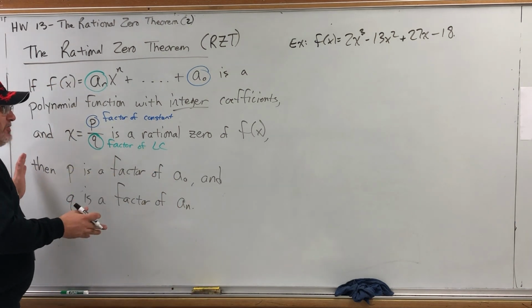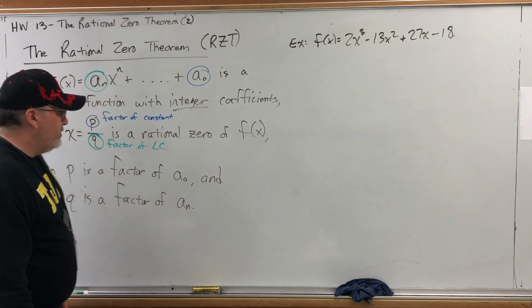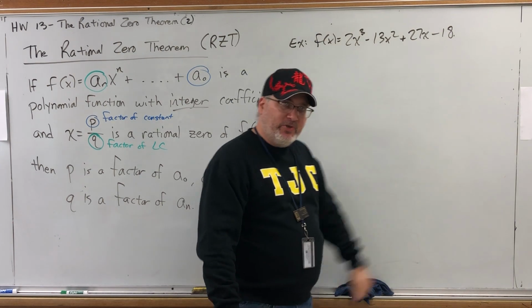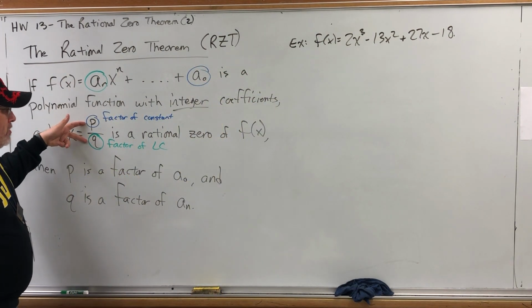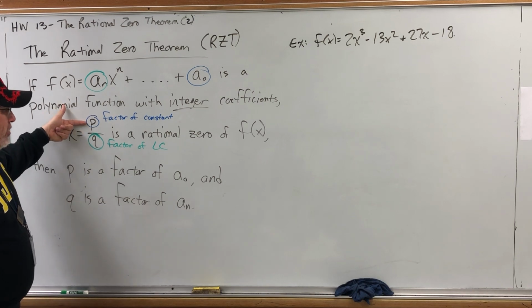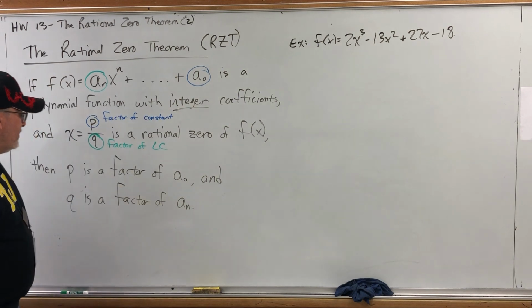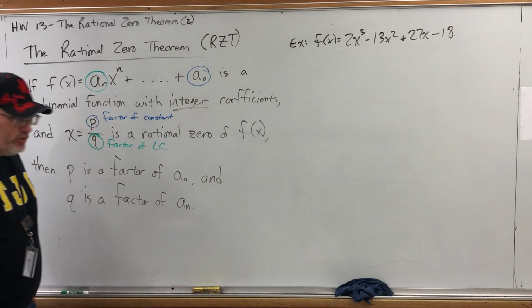What this says is our guesses for rational zeros, in other words, our guesses for either whole numbers or fractions that make this equal to 0, must look like a ratio where the top of the ratio, the numerator, is a factor of the constant term, the number at the end, and the denominator of those ratios must be factors of the leading coefficient.